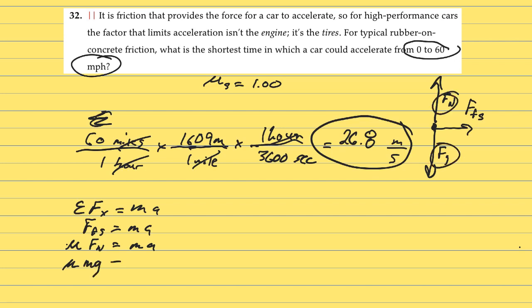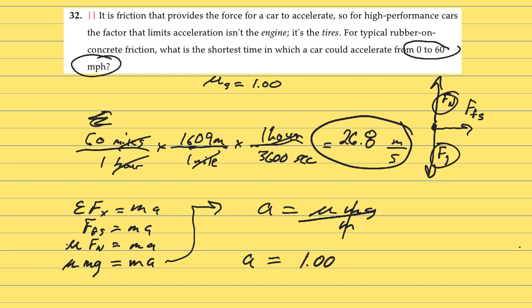And if I'm going to solve for acceleration, I'm running out of space and I have all this space over here, so I'm going to come back up over here. If I solve for acceleration, it's mu mg over m. M goes away. So my acceleration equals mu, which we decided was 1.0, times gravity, which is 9.8 meters per second squared.